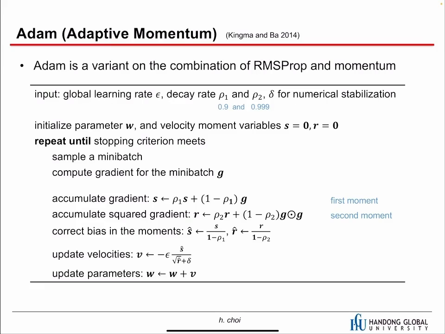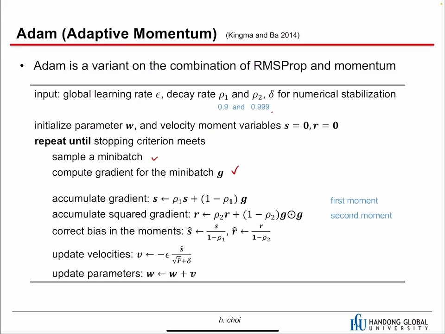And the next one is Adam. Adam is another really popular learning algorithm. Adam is a variant that combines RMSProp and momentum. So we have parameters rho 1 and rho 2, and we have the first moment and second moment, S and R. We take a mini batch and calculate the gradient.